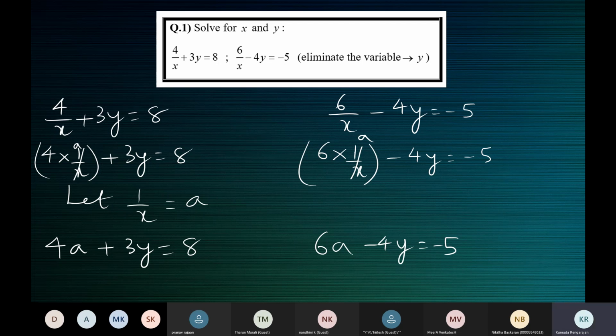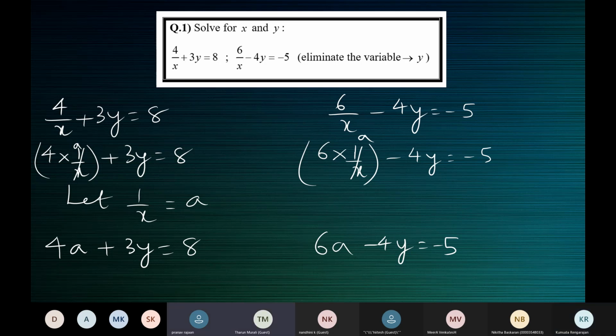So here we have two equations in a and y. I want you to use the elimination method and eliminate the variable y. If you eliminate y, you will get the value of which variable?